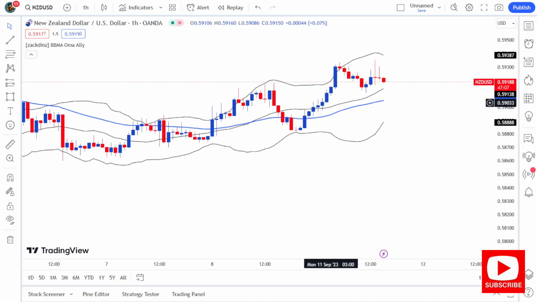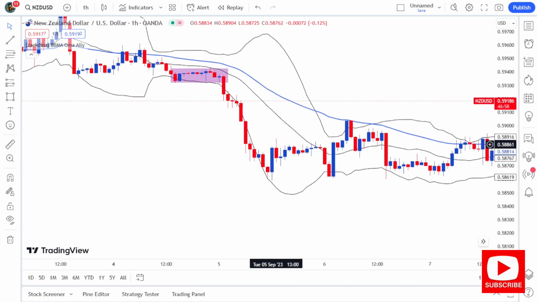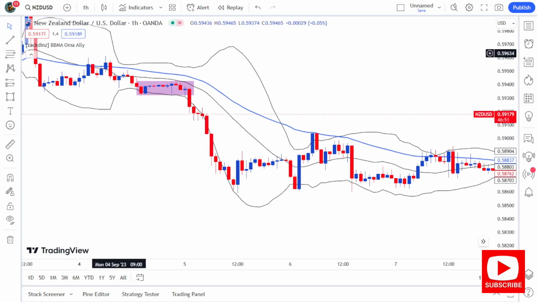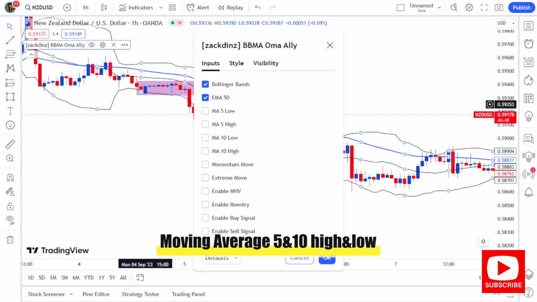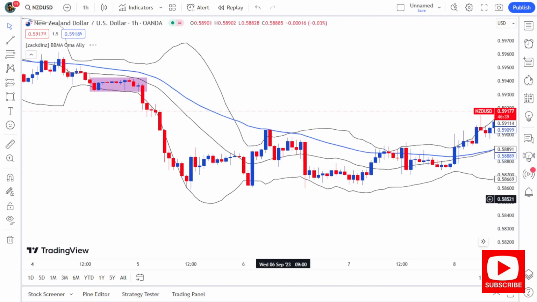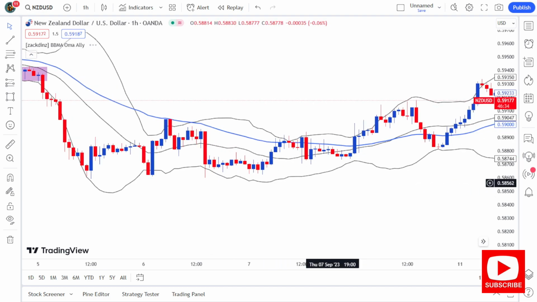Once candles are above the moving average 50, we are in an uptrend, whereas once candles are below the moving average, we are in a downtrend. The moving averages 5 and 10 are basically for entries, re-entries, and exit signals. Those are the purposes of moving averages 5 and 10 high and low.